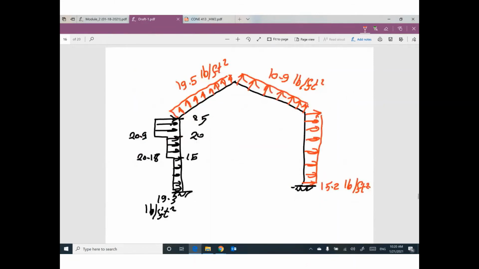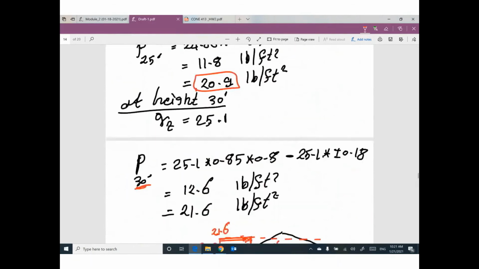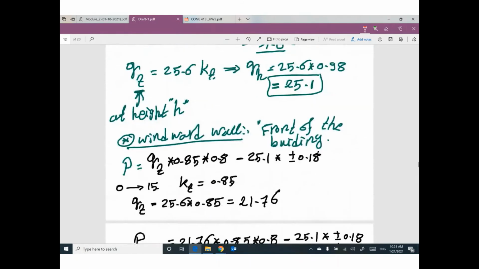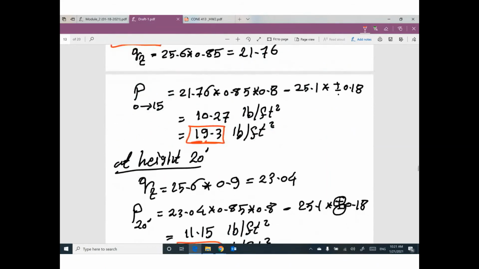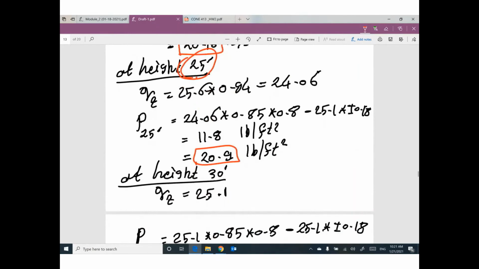This shape can show you the wind pressure on the building. Actually, the only one that needs more calculations is the first one, windward, because we have different values at different heights, from 0 to 15, then at 20, then 25, and so on.